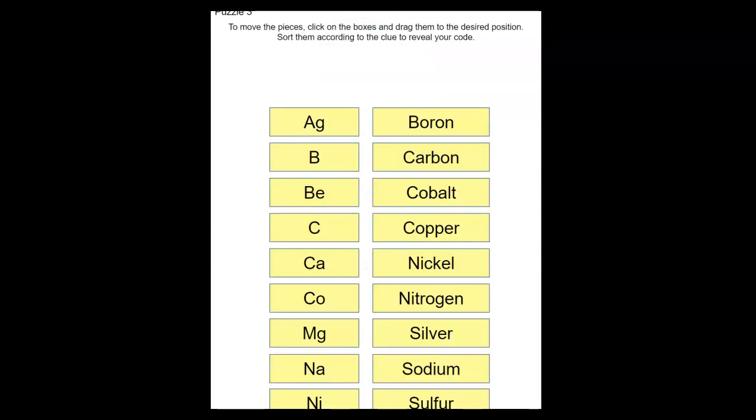Then what you're going to do is organize a scrambled pile of elements and symbols. 6 symbols and names match. 3 element symbols and 3 element names won't match. Then you need to go to the periodic table and do the directions that were on the slide before.